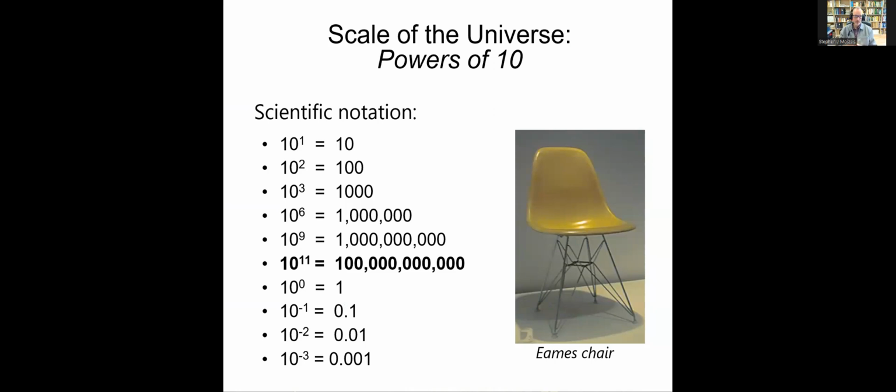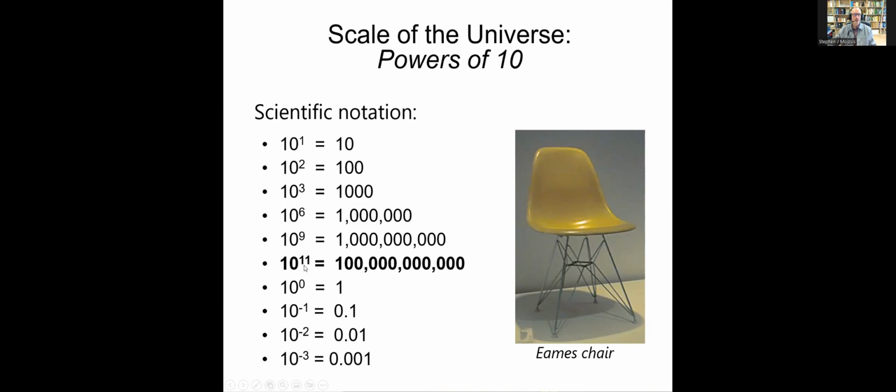So scientific notation uses the powers of 10 so that 10 to the 0 over here is the same as the number 1. At the top of this list, you will see 10 to the 1. Well, that is equal to 10. That means that there's one digit in the tens place. Likewise, 10 to the 2 would be 100, and so forth.